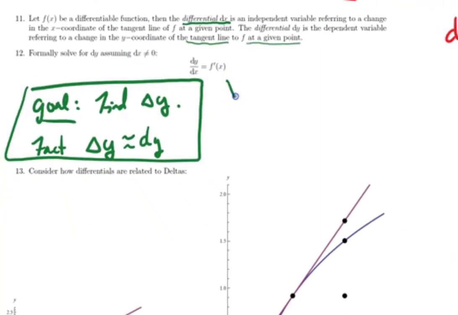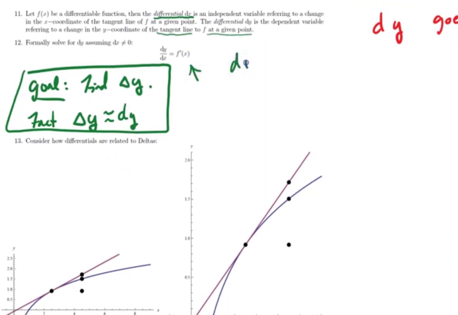Okay, and what I want to show you here is, let's do this sort of combination trick of Newton's and Leibniz's notation. And so we have dy dx is equal to f prime of x. Well, up until now, folks, we've always thought of this dy dx as just a single element. We've thought about it as a statement that stands for the slope of the tangent line at a point, the derivative at a point. But now what I want you to do is I want you to actually think of it as a fraction.